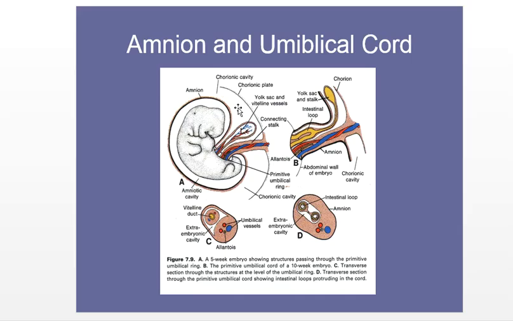As a result, the amnion cavity presses the connecting stalk. Here you can see this part is coming back, the allantois is degenerated, and only this part remains and becomes narrow, making the umbilical cord.